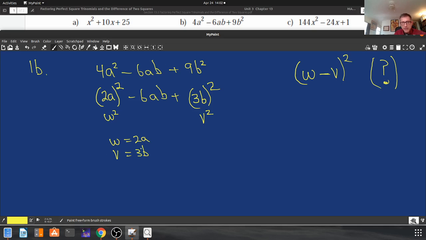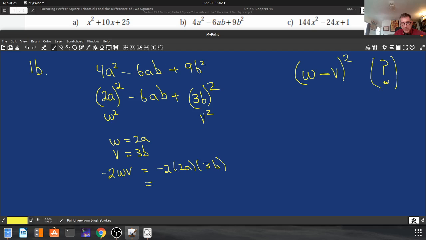The next thing I have to check is, what about 2wv? And since I'm having a negative here, I can do minus 2wv, or you might want to do minus 2vw. Well, that's equal to minus 2 times 2a times 3b. And the result has to be minus 6ab.